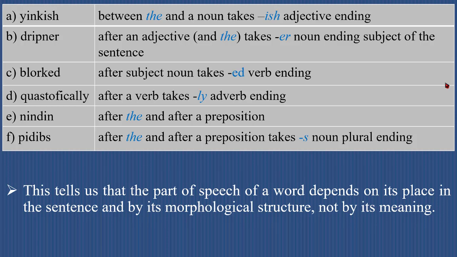So if you look at the morphological makeup of the words, these endings determine the part of speech of the words. This tells us that the part of speech of a word depends on its place in the sentence and its morphological structure, and not on its meaning.